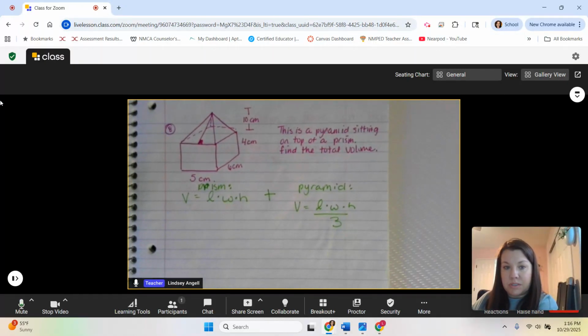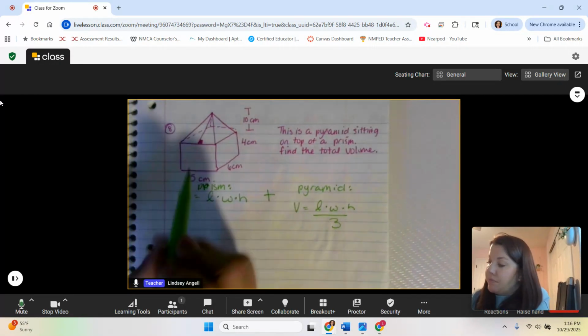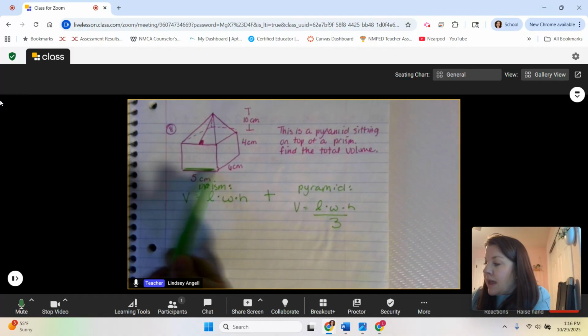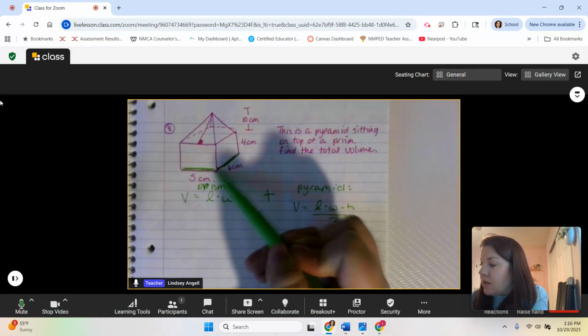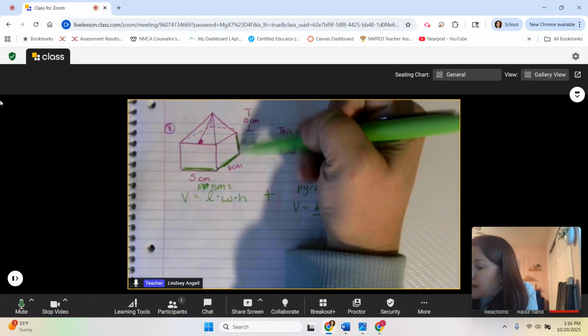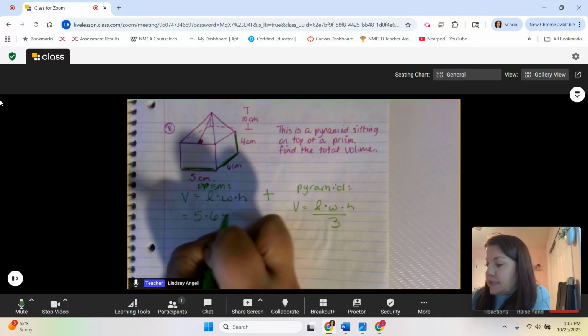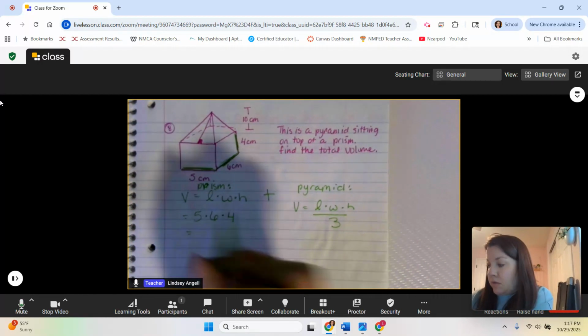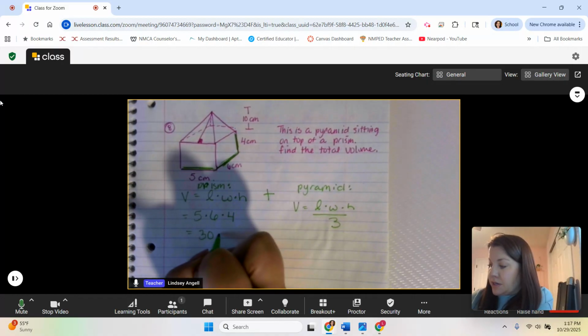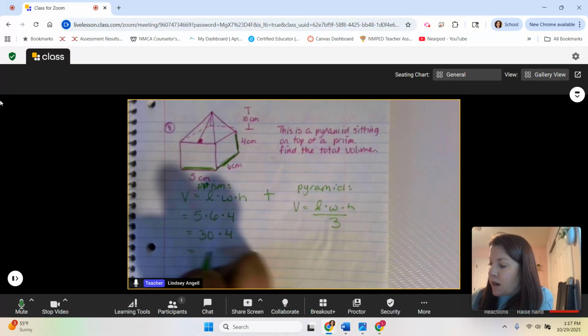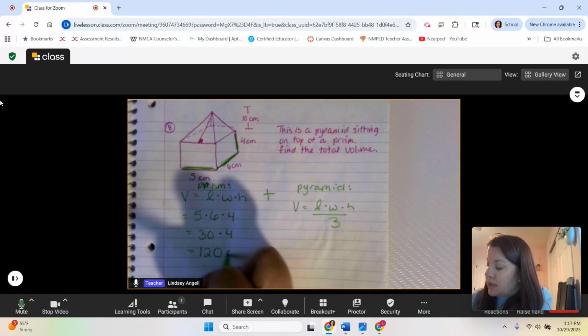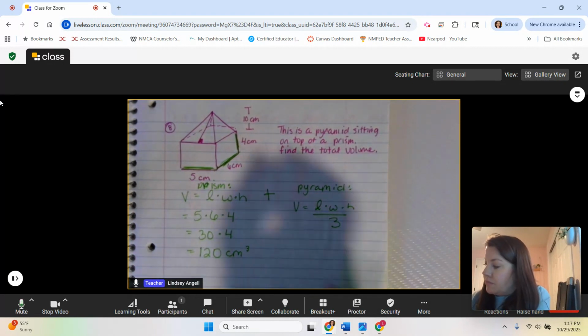Okay, so let's see here. For my prism, I have a length of 5 and a width of 6 and a height of 4. So I'm going to do 5 times 6 times 4. Well, let's see, 5 times 6 is 30, times 4 gives me 120, and these are centimeters cubed.